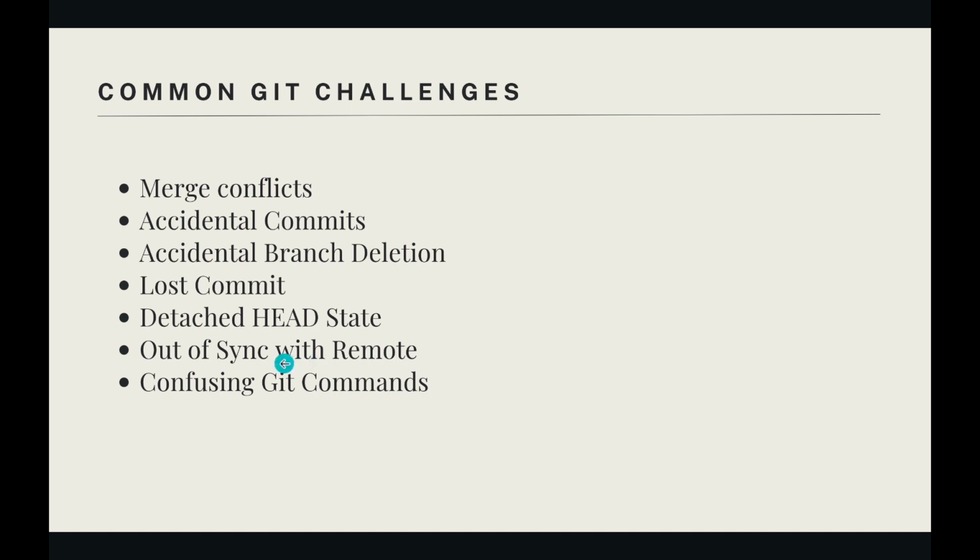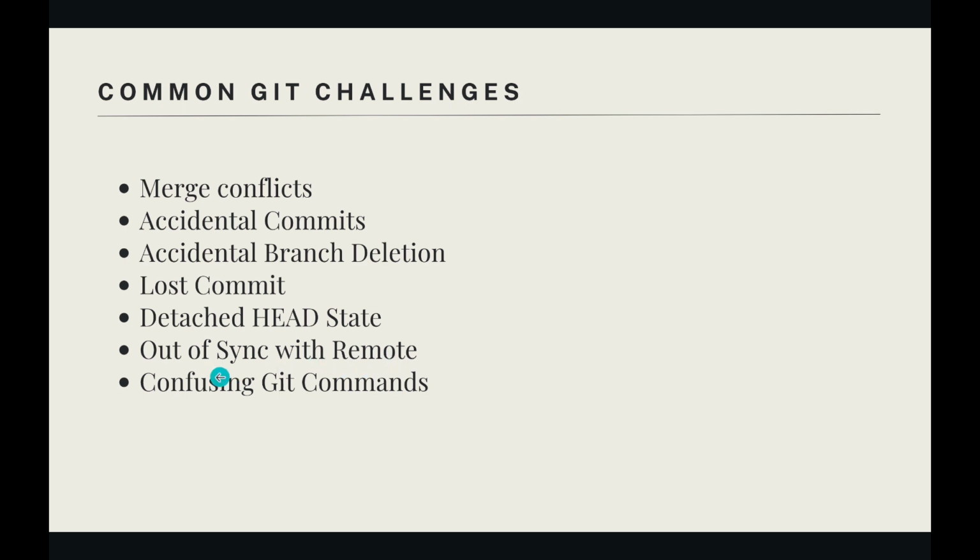There are Git commands to find lost or dangling commits, so you can recover. But yeah, you should always keep your remote repository in sync with the original repository. So yeah, that's the point of out of sync with remote.